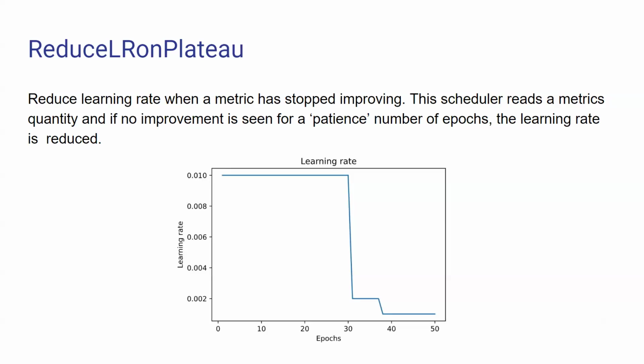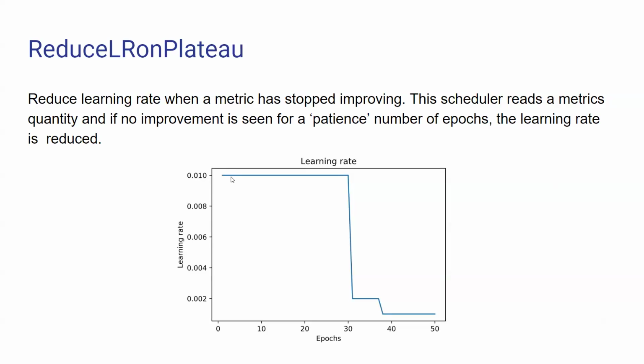Other schedulers also monitor certain metrics. So ReduceLROnPlateau monitors some metric that you pass to it. What we recommend is the validation metric, so either validation loss or validation accuracy. At the end of your validation cycle, you feed in that metric. It monitors whether the metric is improving.